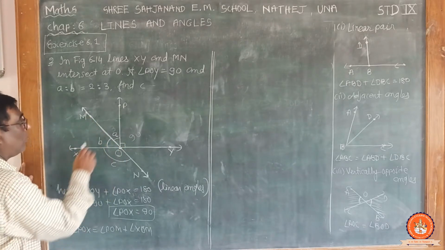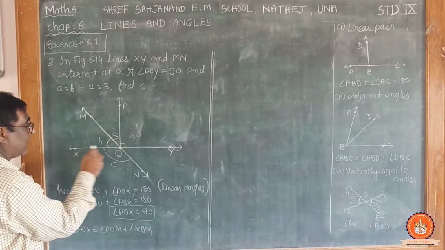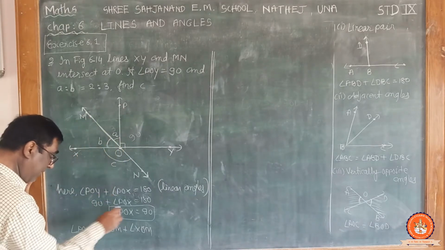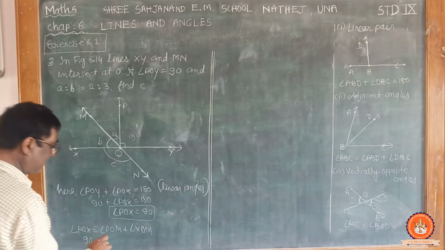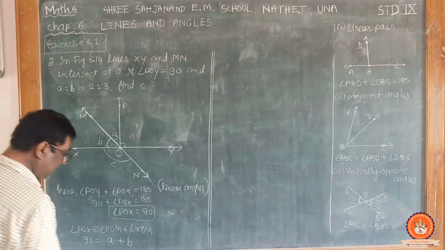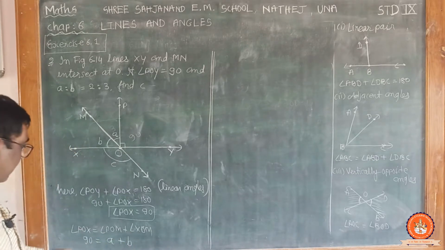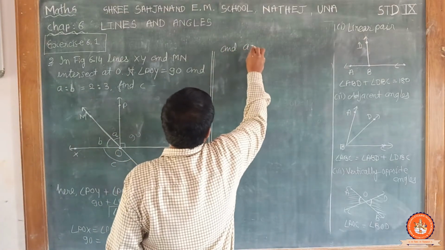So POX will be POM plus XOM. So POX is 90. 90 is equal to POM, that is A, plus XOM, that is B. Okay, so A plus B is equal to 90.